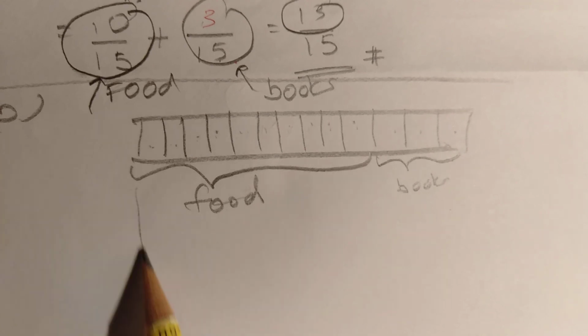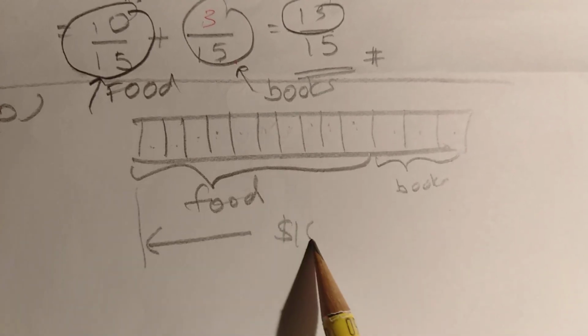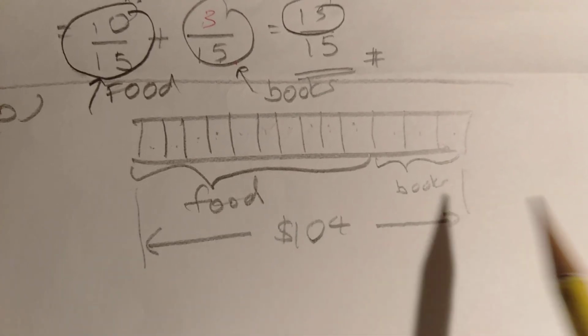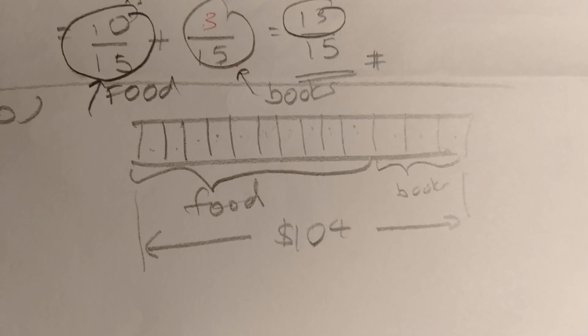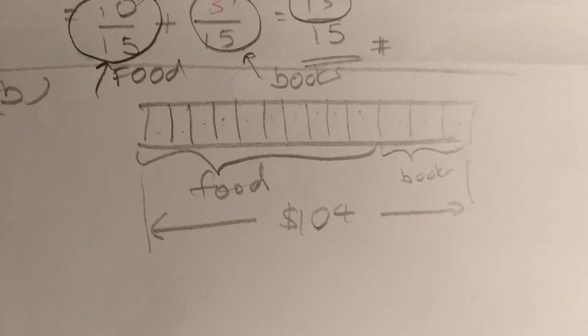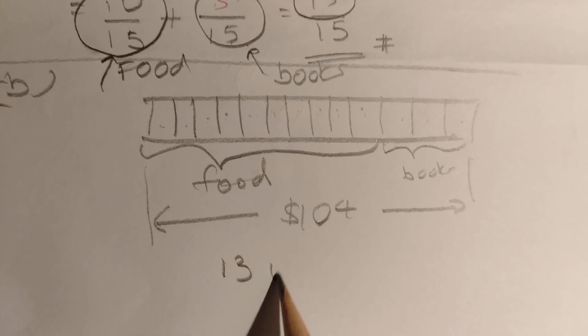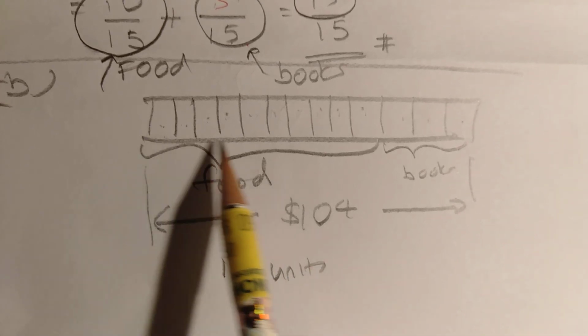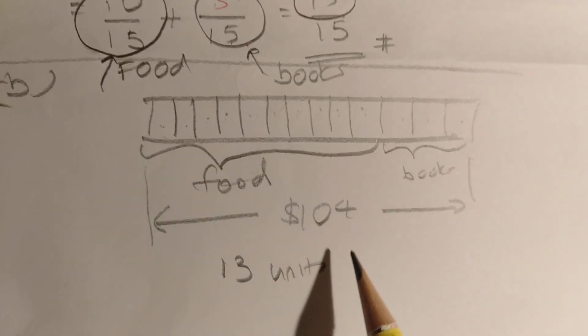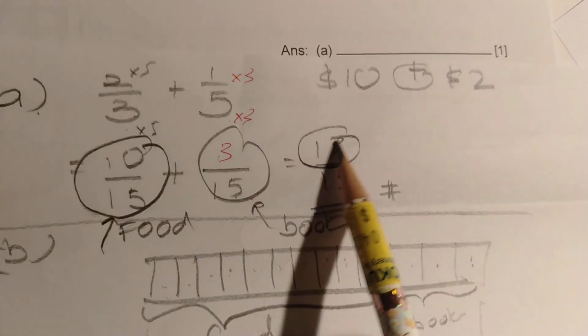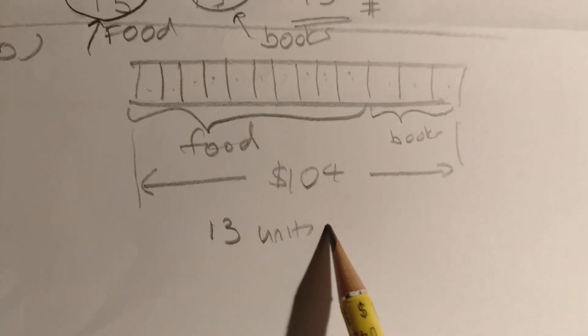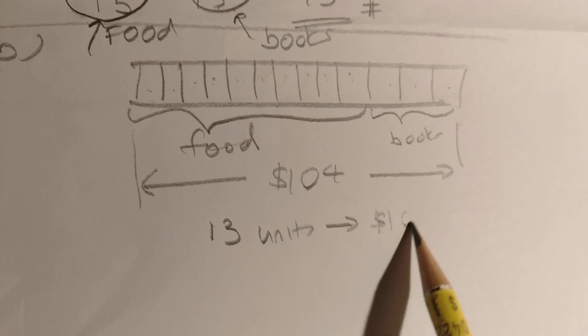So all of this is $104. So I can see that 13 units here, because I can count 13, or I can see from the fraction it is 13. This is equivalent to $104.